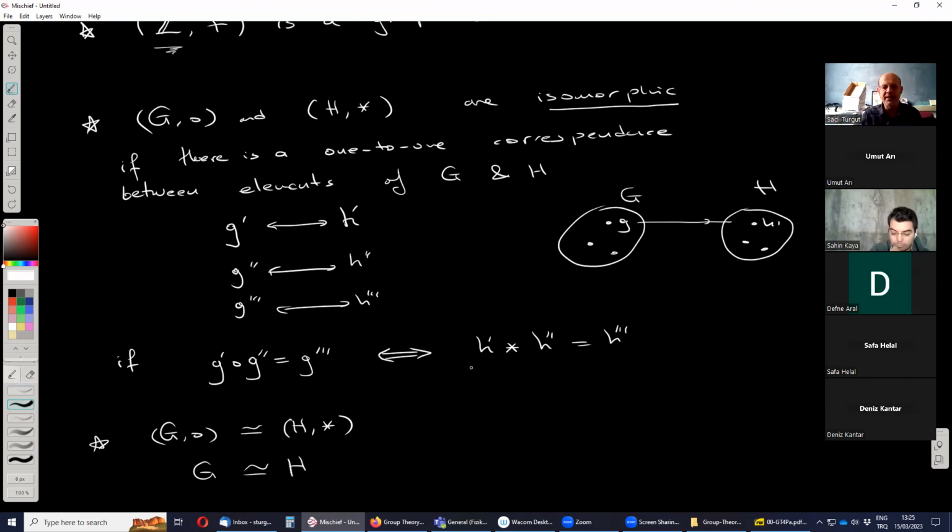So isomorphic means the groups are the same, but the operation or the mathematical details might be different. One might be a matrix group, the other one might be numbers or some kind of function in some complicated space perhaps.